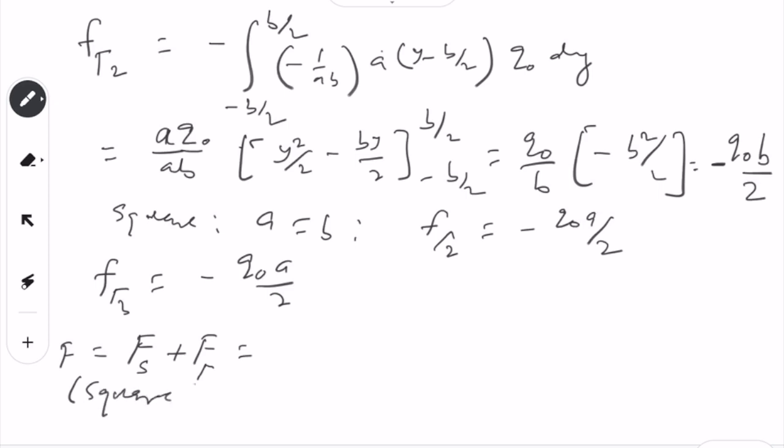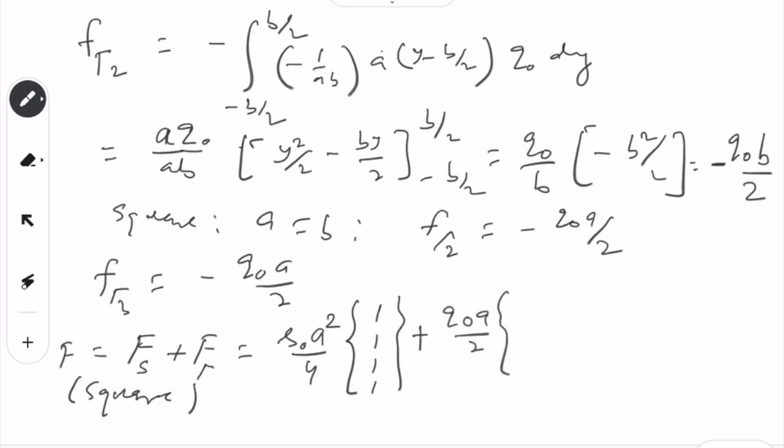Taking the example of the square element, this will be equal to simply s naught a square over 4, and then we have 1 1 1 1, then plus, or sorry, we will have minus, or we can write like this, plus q naught a over 2, 0, minus 1, minus 1, 0. Okay, this is how the force will be calculated.